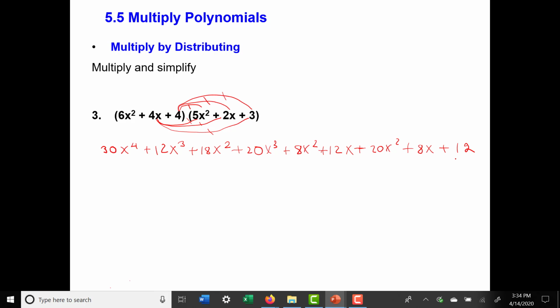The next thing we need to do is combine the like terms. There is only one term for x to the 4, so 30x to the 4. For x to the third, we have one here and we need to add this together. That's 20 plus 12 is 32, so 32x to the third power.